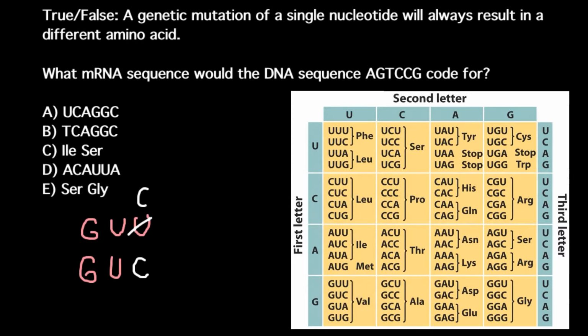We can also use a different substitution, GUA, for example, and according to this table it would still be valine. So we can usually change the last letter to any of the other bases, and such variants would still code for the same amino acid.